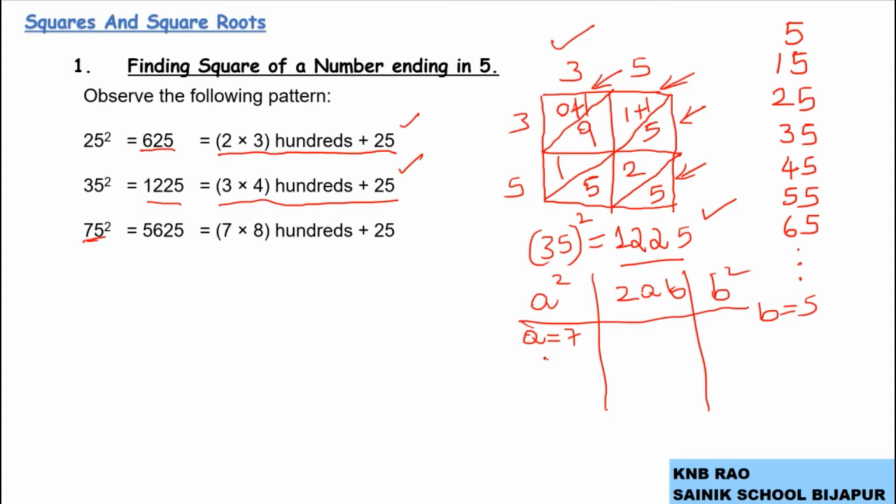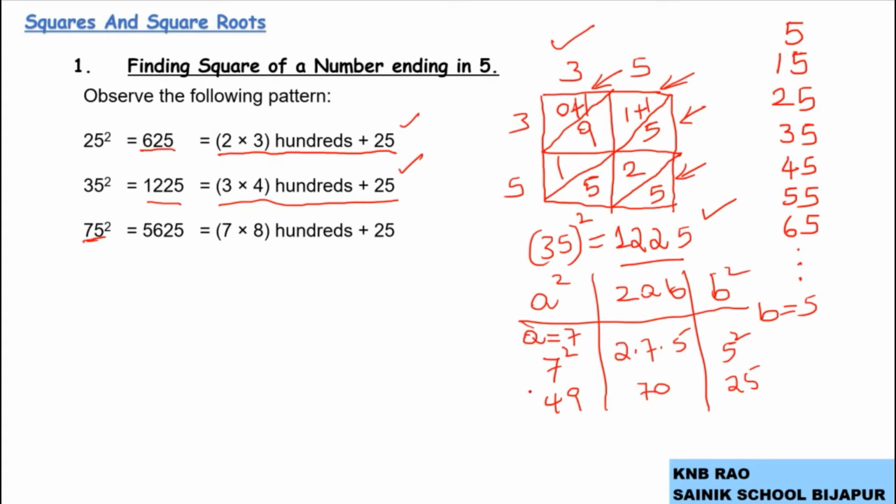That means in this column 7 square, which is 49, here 2 into 7 into 5, which is going to be 70. Here in this column 5 square, which is going to be 25.